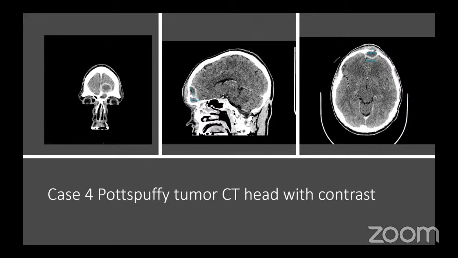These are CT scan images of the head with contrast, and the striking abnormality that you could see is a rim-enhancing lesion in the frontal lobe and dehiscence in the posterior table of the frontal sinus and also in the anterior table of the frontal sinus in both sagittal and axial images.